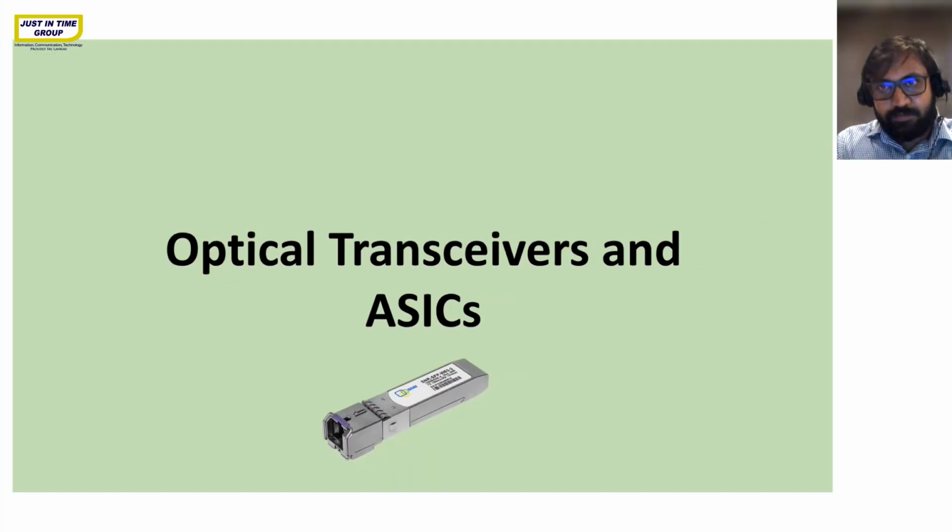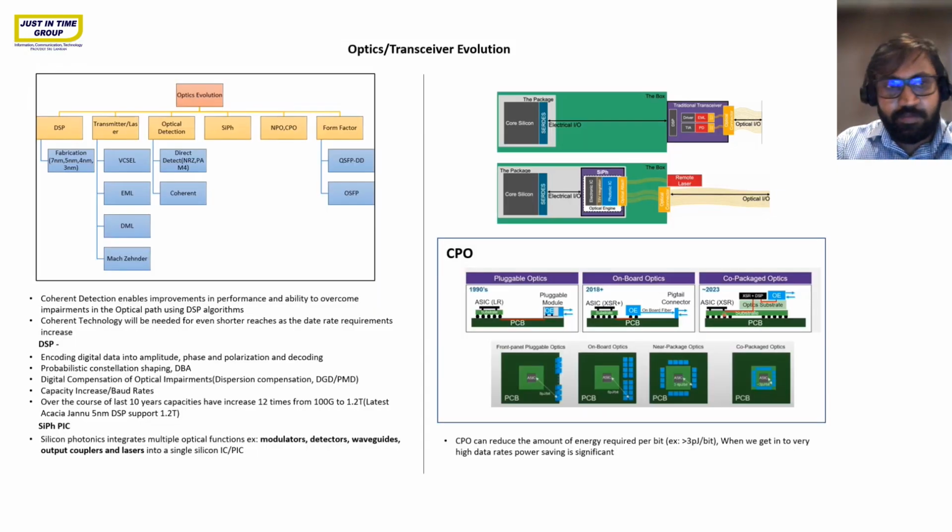Okay, when you're migrating a transport network, optical transceivers are another interesting and very important area that you need to consider, because there will be a lot of cost incurred on optical transceivers, and it's very important to understand what kind of innovations are going to come in the upcoming years.